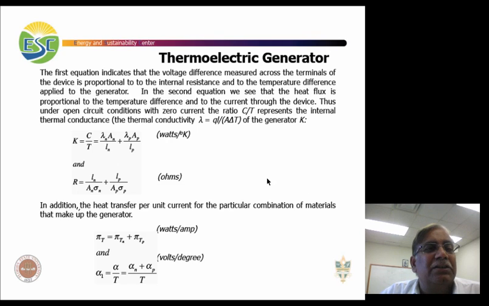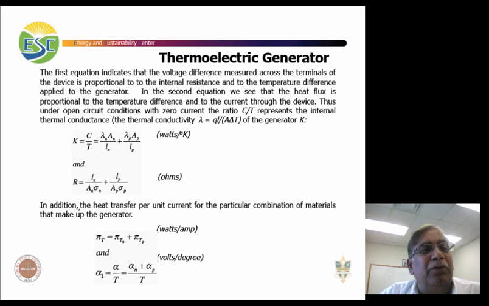So when you get this, the first equation indicates that the voltage difference, as we talked about, measured across the terminals of the device is proportional to the internal resistance and the temperature difference. And the second equation, for the heat flux, is proportional to delta T and the current to the device.